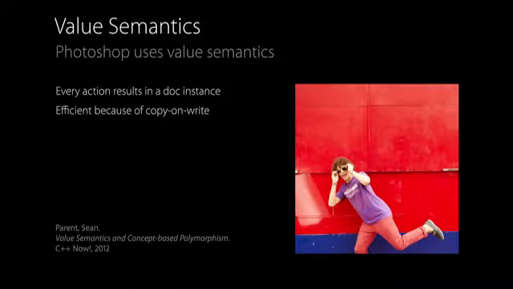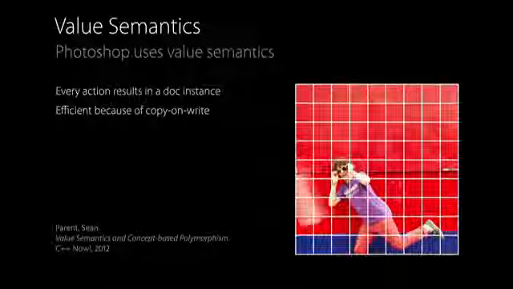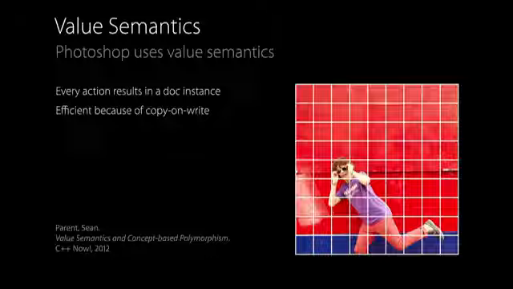This is a super powerful feature. And in fact, Photoshop uses this extensively to implement all of their history stuff. So when you open an image in Photoshop, what happens behind the scenes, Photoshop slices and dices that photo, no matter how large it is, into a bunch of small tiles. Each of those tiles are values, and the document that contains the tiles is also a value.